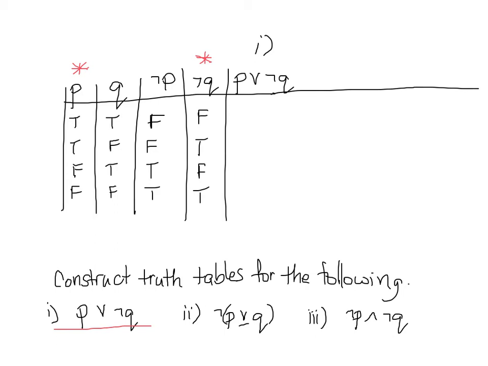For P or not Q, at least one of those must be true in order for this statement to be true. So P is true, and that's false. Well, at least one is true, therefore P or not Q is true. In the second row, actually, they're both true, but that means at least one is definitely true, so that's true.